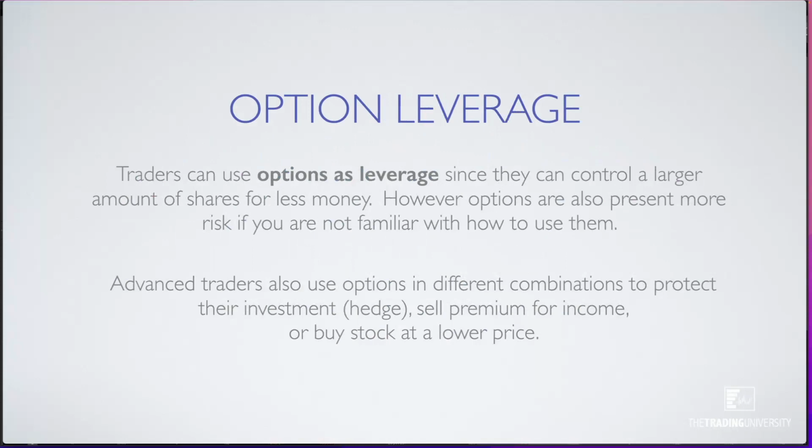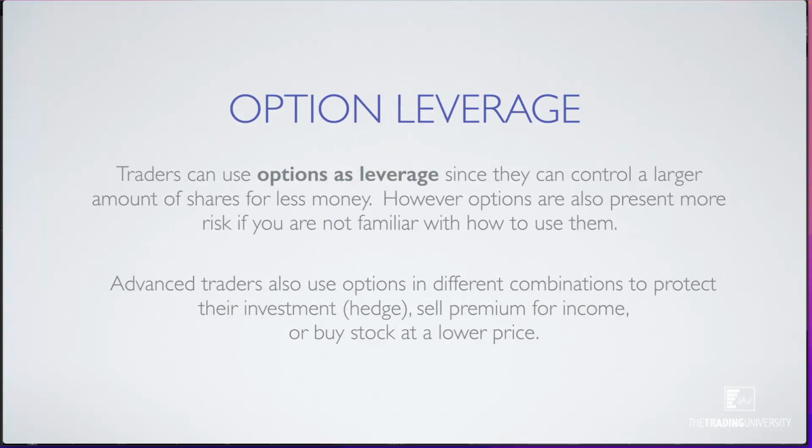And the reason people buy and sell options is because they provide leverage. And traders that use options as leverage, as I said earlier, can control a larger amount of shares for less money. However, options also present more risk if you're not familiar with how to use them.